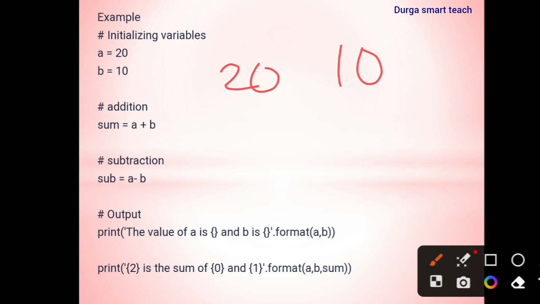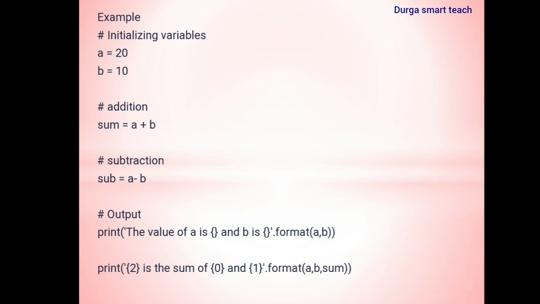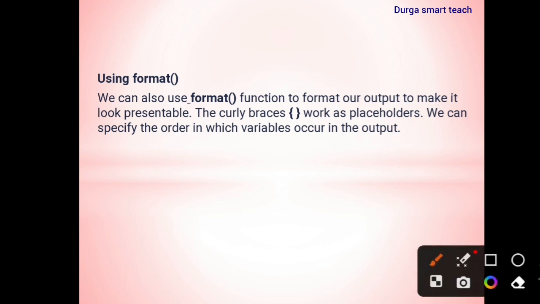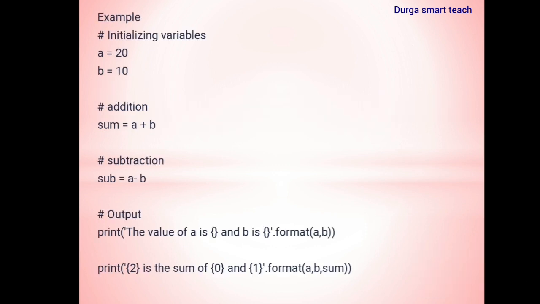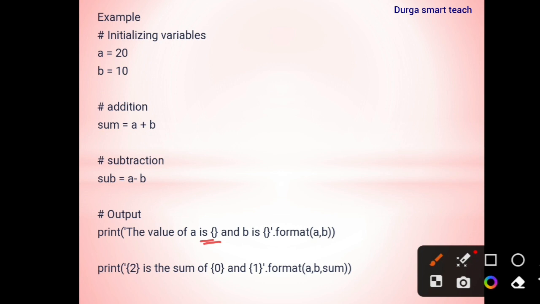I am using single quotations. The value of a is, and here you need to use curly braces. Those work as placeholders. In the place of curly braces, you need to mention the a value.